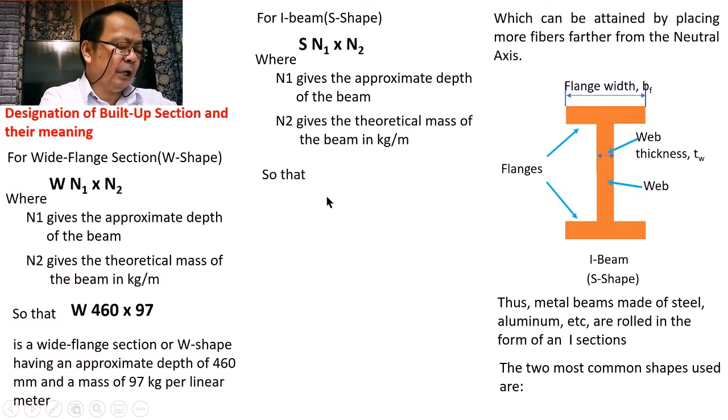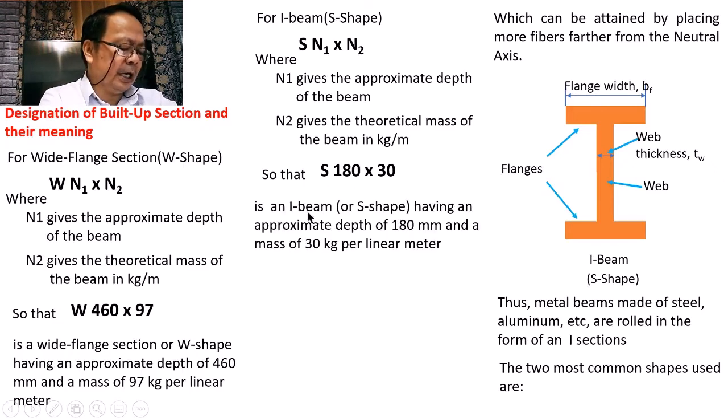So if we have, for example, an S-section designated as S 180 by 30, this means you have an I-beam or S-shape whose approximate depth is 180 mm and a mass of 30 kg per meter.